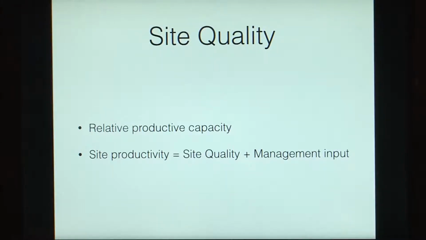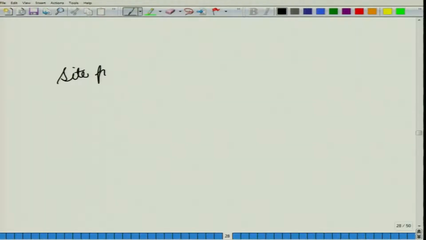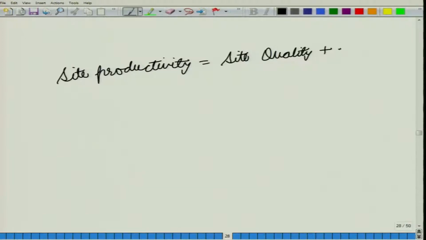So, when we talk about this equation, site productivity is equal to site quality plus management. If you want to figure out the site quality of two sites, you can use site productivity if you keep the management operations constant. With constant management, your site quality will determine the site productivity.